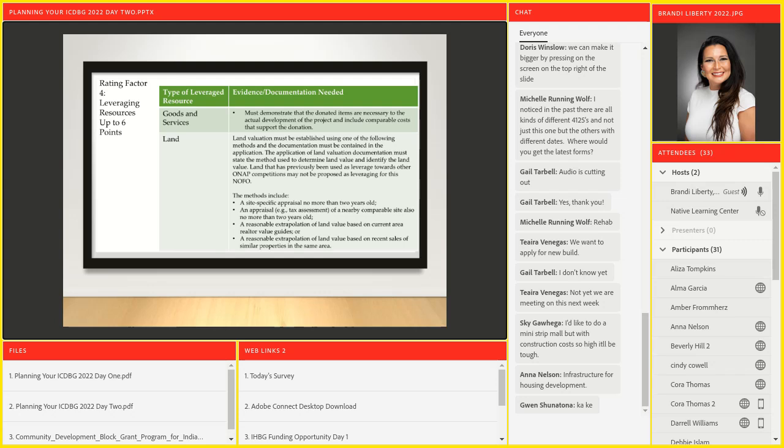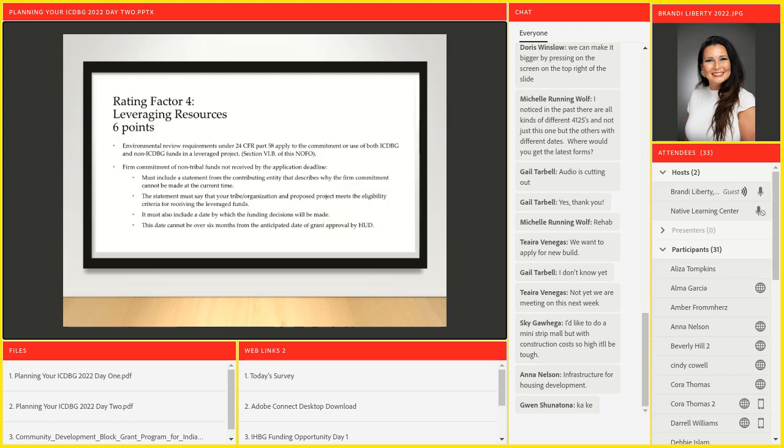Those include a site-specific appraisal, no more than 2 years old; an appraisal which includes tax assessments of a nearby comparable site, also no more than 2 years old; a reasonable extrapolation of land value based on current area realtor value guides; or a reasonable extrapolation of land value based on recent sales of similar properties in the same area. So for those of you that do decide to utilize land, make sure you have those appraisals in there. That's something HUD will look for.